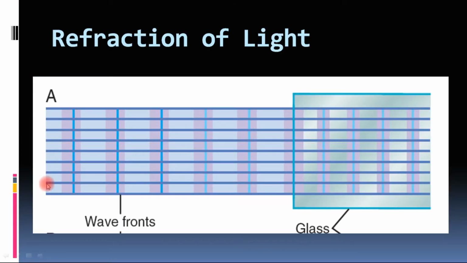So what is refraction of light? When light travels in air, which is a lighter medium, to a denser medium, or when it travels from any one medium to another medium which is different in density, the speed of the light is going to change. So as it goes from the air to the glass, which is a denser medium, the speed of the light decreases.